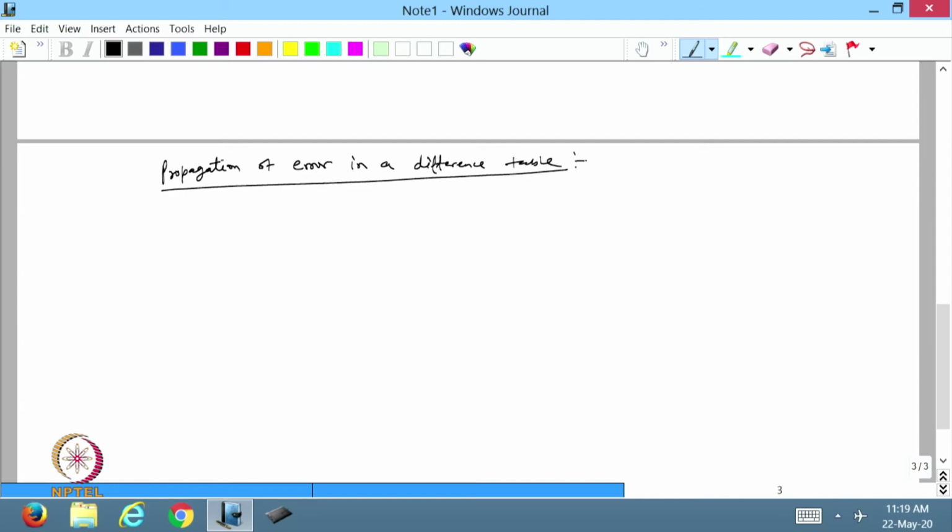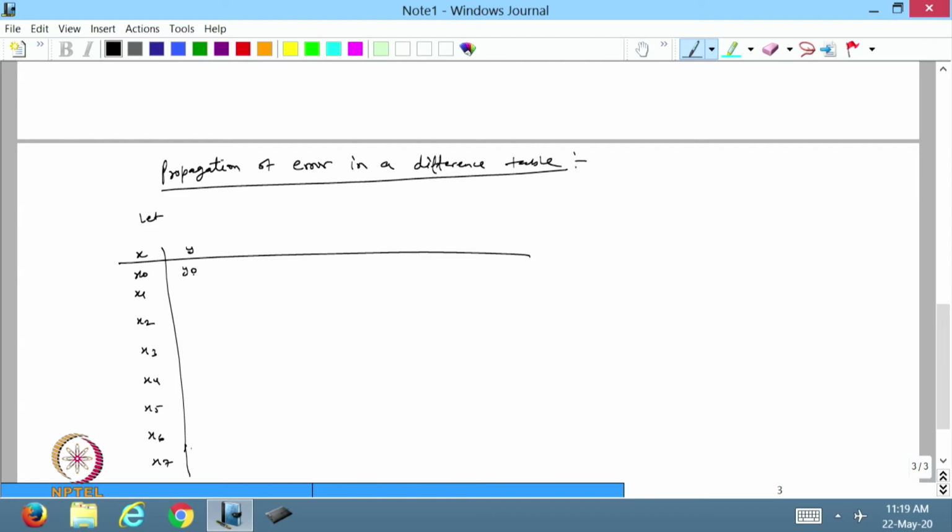Now I want to find out how the errors propagate in the difference table. So, let us say I have a difference table like this. Suppose this is x and this is y. So, let us take x0, x1, x2, x3, x4, x5, x6, x7. So, let us take 8 values. So, this is y0, up to y7.